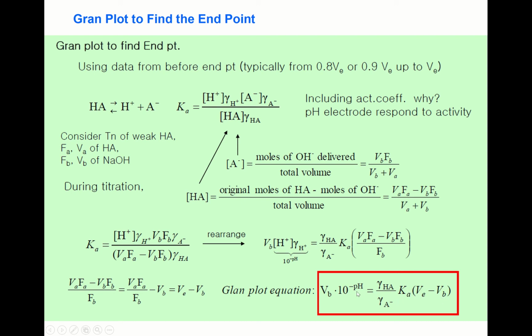This pH is easily obtained using a pH meter. And this part, the left hand side, this is Y. And then on the right hand side, the only variable is VB. That's the X value. Others are constant.